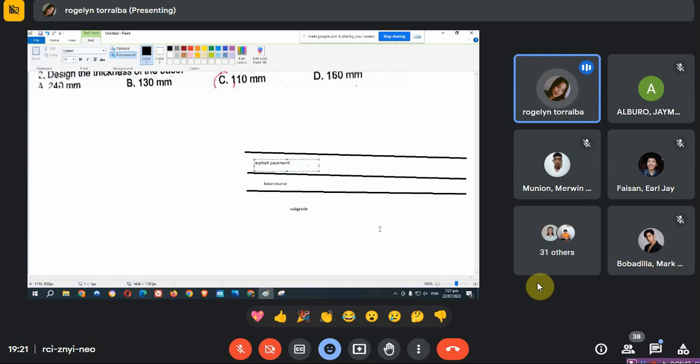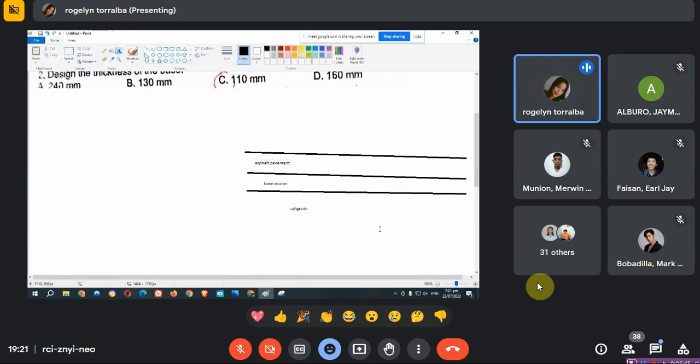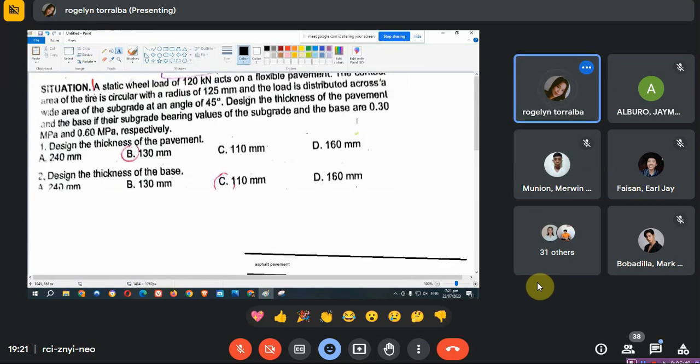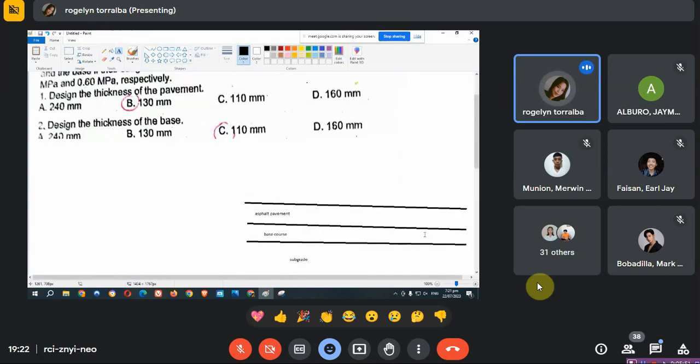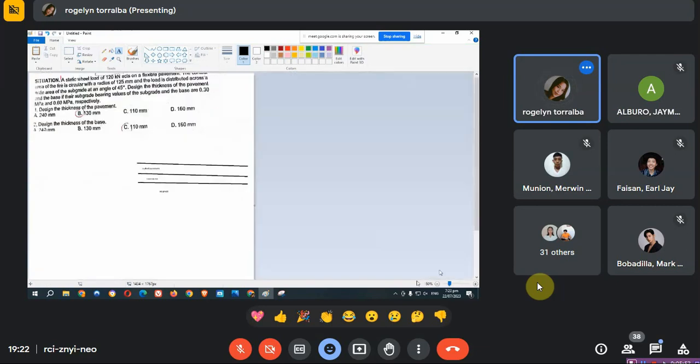So how do we solve pavement engineering problems? Going back to the problem, we have a wheel load of 120 kilonewton. Let's draw that one.